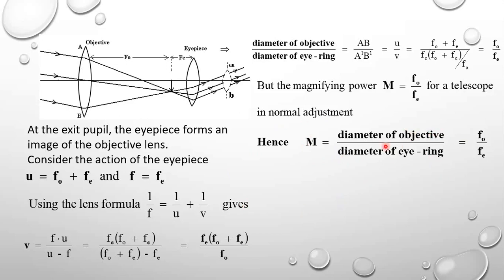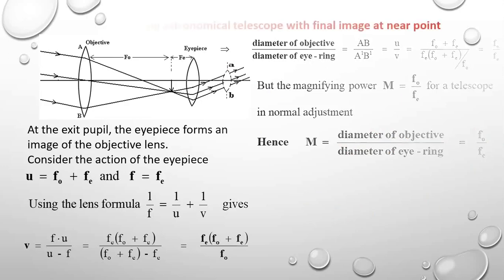So if I have the diameter of the objective and the diameter of the eye ring, I can divide the two to get the angular magnification, which is also got from the focal length of the objective and the focal length of the eyepiece. So this expression is very important, and we shall have its use.